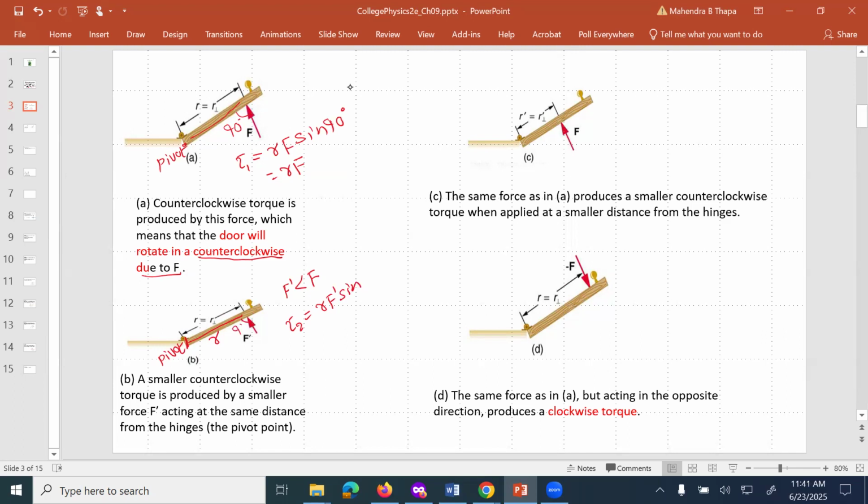Again, theta is the perpendicular 90. Sine 90 is 1, so tau 2 equals R F prime. Okay, so clearly tau 2 is less than tau 1. From this picture, we can see that the torque is counterclockwise about this pivot point.